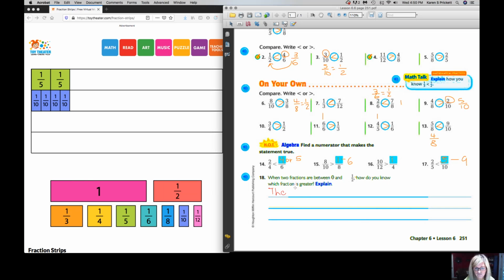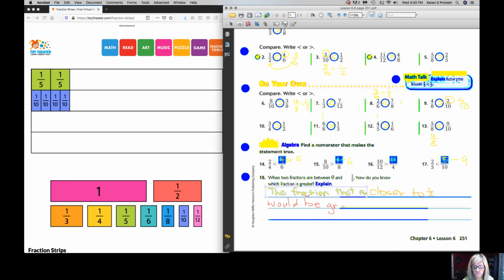The fraction that is closer to 1/2 would be greater. It's really hard to write with a mouse, guys.